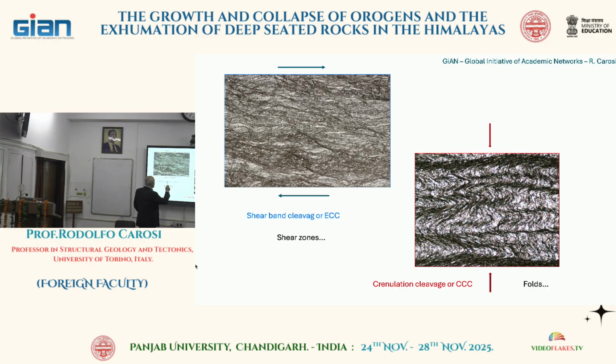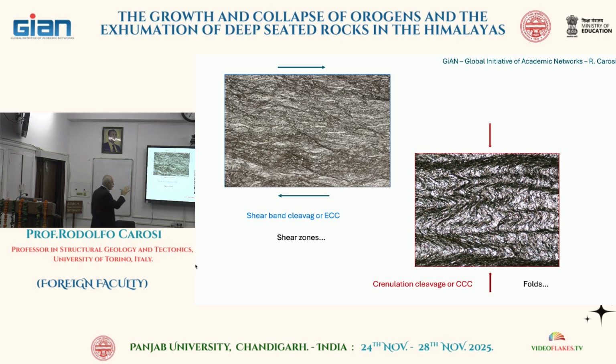In this case, the angle between the S foliation and C foliation is not larger than 45 degrees, and then tends to become lesser and lesser. So this is strongly asymmetric. This is mostly symmetric. And in this case, we have folds inside. Here you can have folds, but small scale folds like this, inside the S fabric.